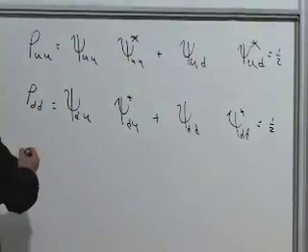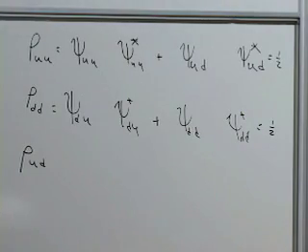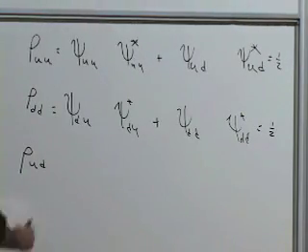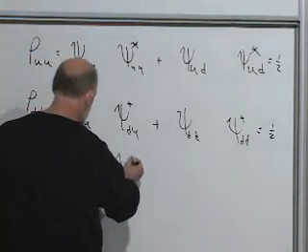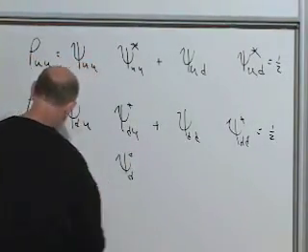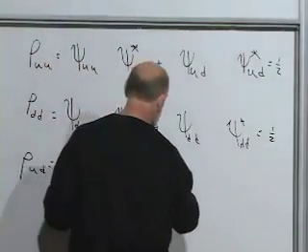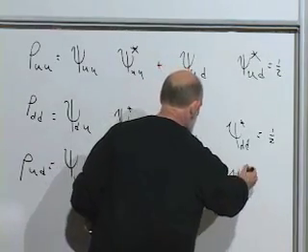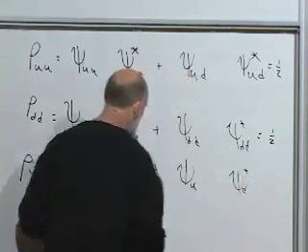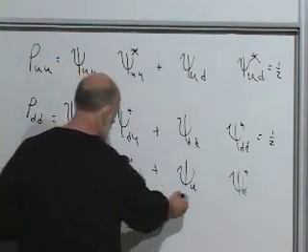What about rho up, down? The matrix element of the density matrix, the up-down matrix element. Do the same thing: psi up, psi star down, then fill in up, up and down, down.